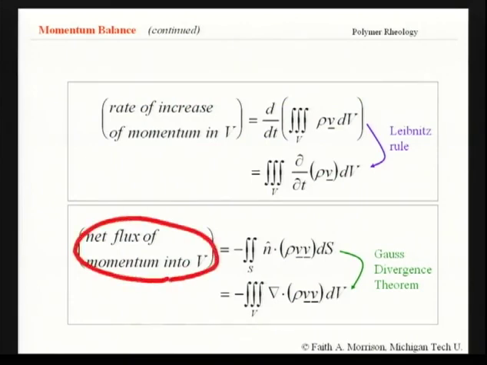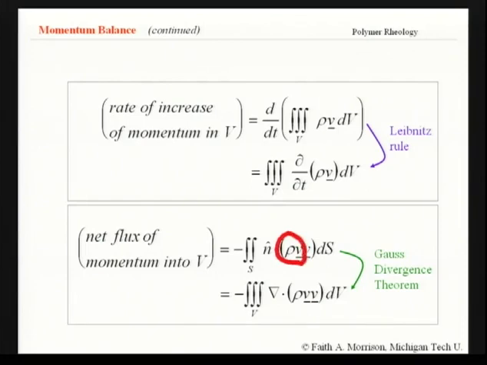The net flux in term comes from writing the volumetric flow rate in, which is n dot v dS, that's the volumetric flow, and then multiplying by the momentum, rho v, and this dyadic tensor showed up. So that's the net flux into the volume, and the minus sign comes because the n was the outwardly pointing unit normal, and to make out into in, you multiply by minus 1.